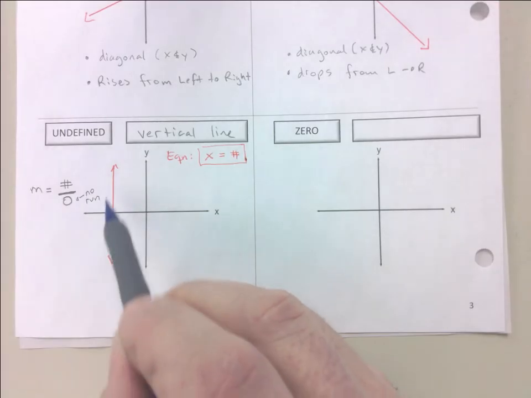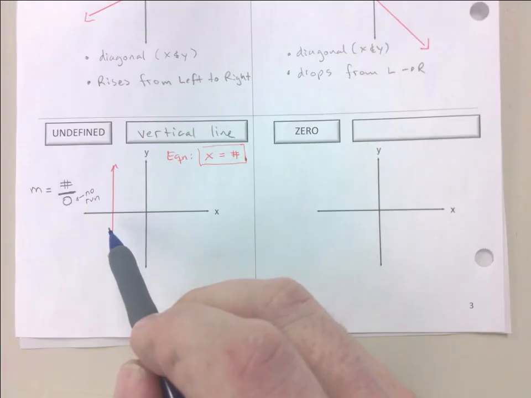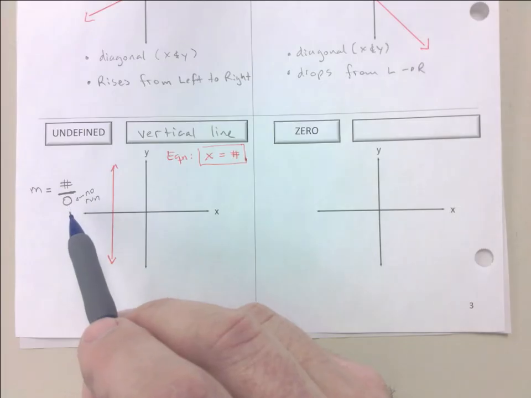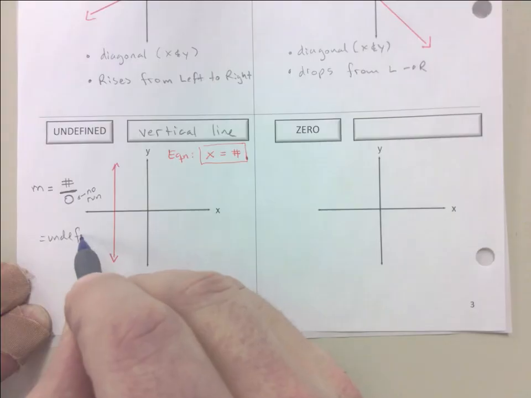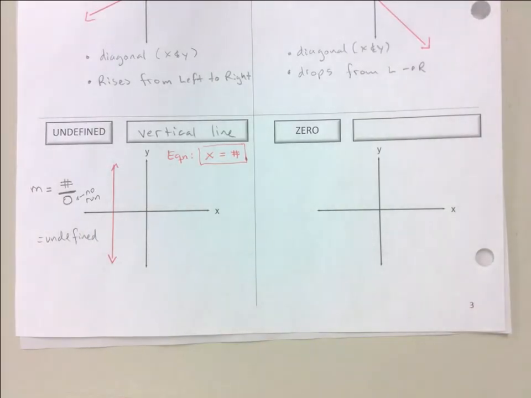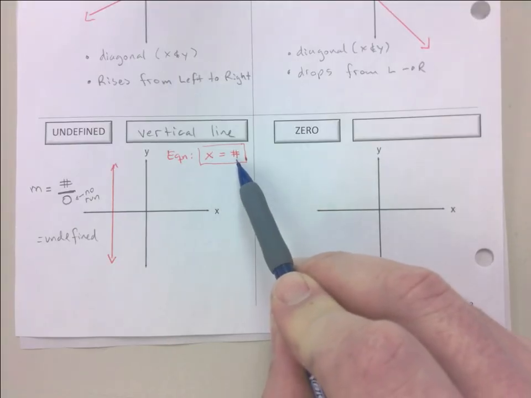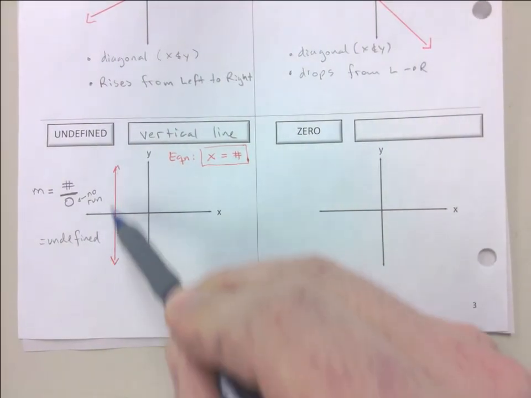If you pick any 2 points on this line and subtract them, you would just get a 0 in your denominator. And so that's why it's undefined. You cannot divide any number by 0. It just doesn't work. Your calculator will give you an error. So classic is to know just x is equal to a number. Then you know it's an undefined slope. It results in a vertical line.